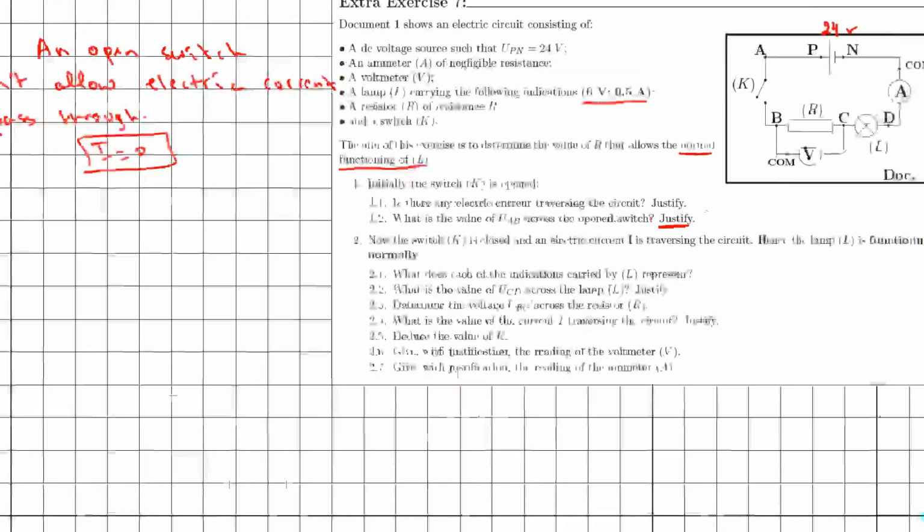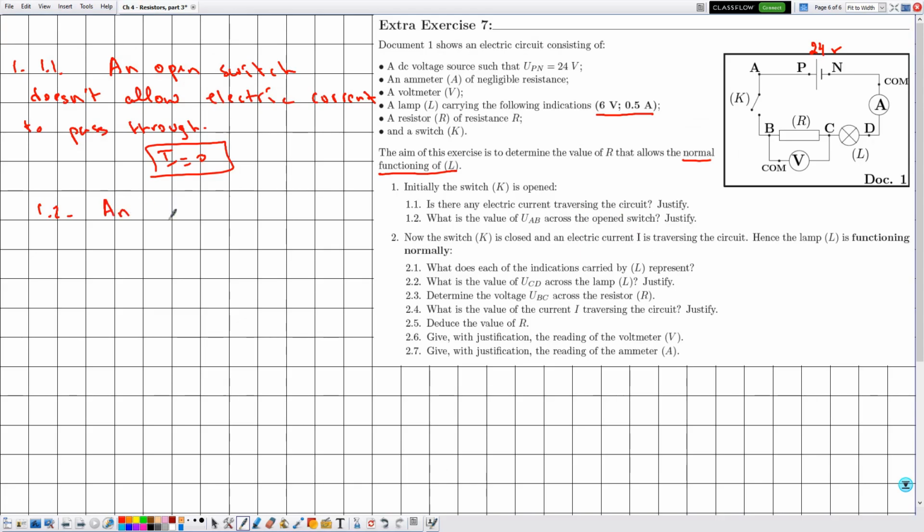Then the justification is given by an open switch in series with the battery has the same voltage of the battery. So in this case, the value of UAB is equal to 24 volts.